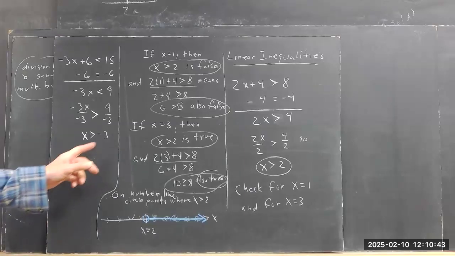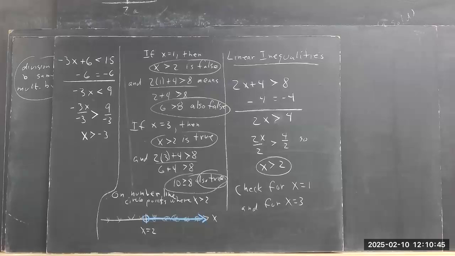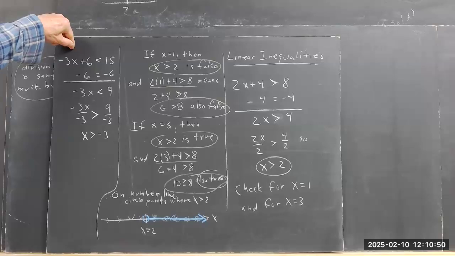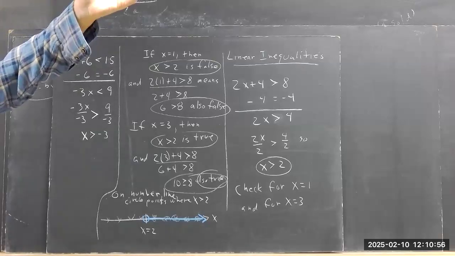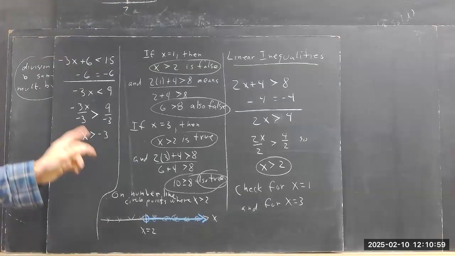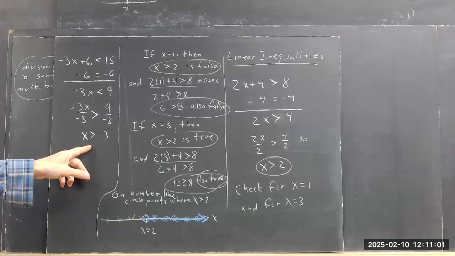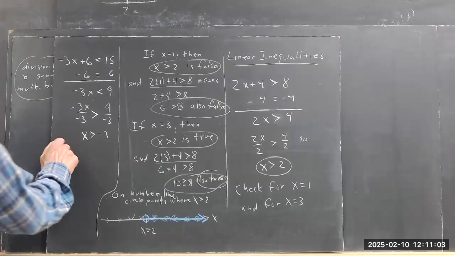Now, if you got x less than -3, then you would think that -4 would make this true. If you plug -4 in here, you get 18 less than 15, which isn't true, which tips you off to the fact that you forgot to reverse the inequality when you solved.